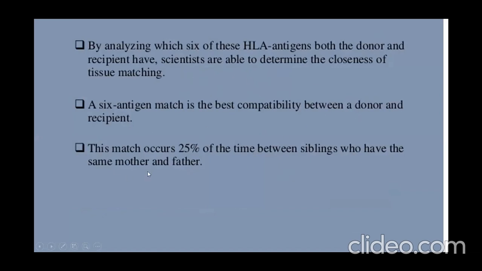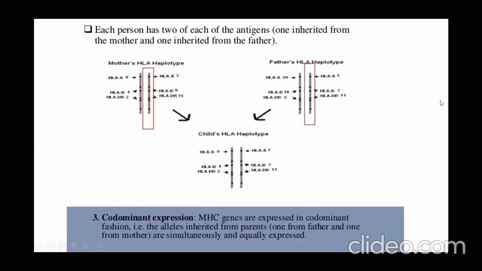Coming on to siblings, you may go with a 25% match as suggested here. The concept to look at here is the mother's HLA haplotype and the father's HLA haplotype. The mother is diploid, with one chromosome from her father and one from her mother. You see there is variability in the haplotypes of HLAs.